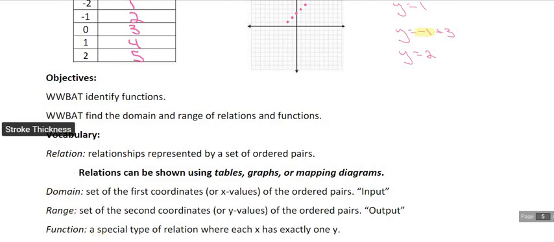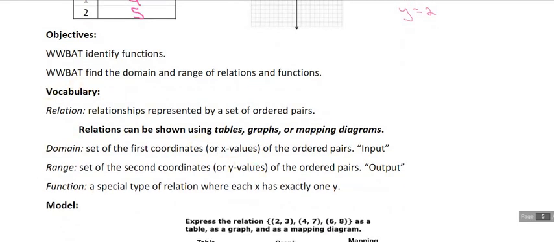Domain is the set of the first coordinates, or the x values, of our ordered pairs. The domain is sometimes also called the input. Okay, so domain is the x value or the x values, and also known as input. The range, on the other hand, is the set of our second coordinates, which would be the y values, also known as the output, or the result that comes out of plugging in an x value.